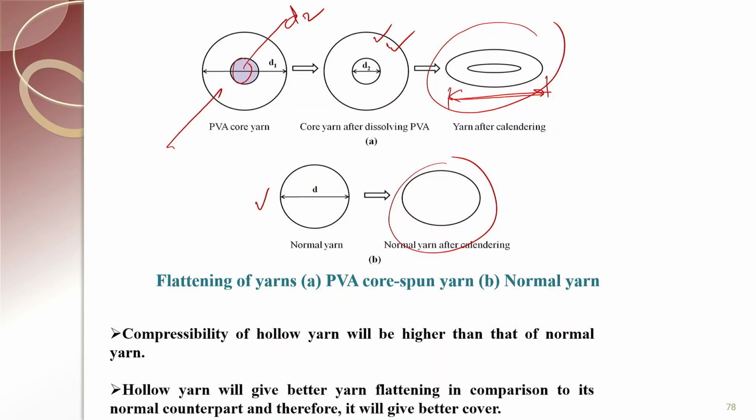Hollow yarn will give better flattening as compared to the normal yarn, and it will give better cover. So, hollow yarn will have better covering power, which will cover the pores between the yarns.